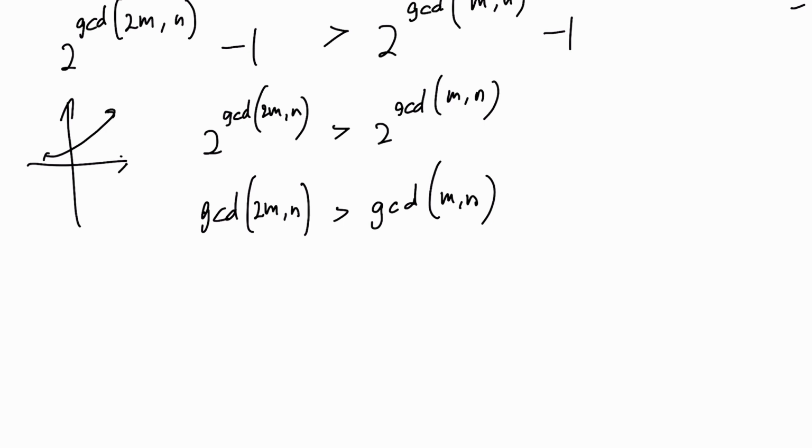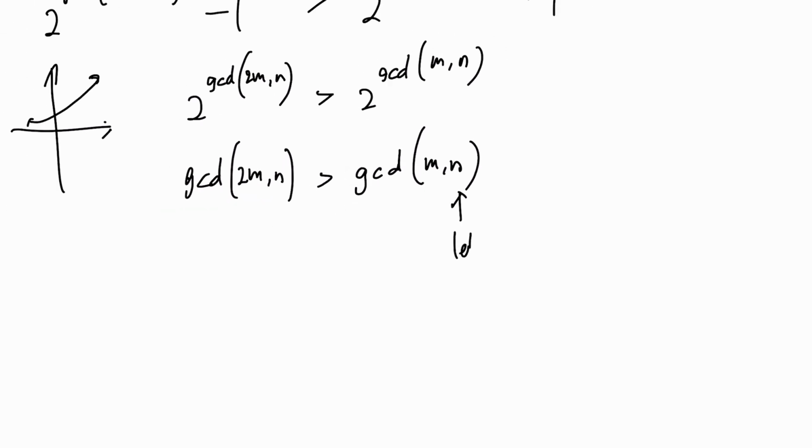So over here, if we want the GCD of 2m and n to be greater than the GCD of m and n, this means that there are some leftover factors of 2's in n that is not exhausted in m, so that when I multiply by 2 on m, the GCD goes higher.